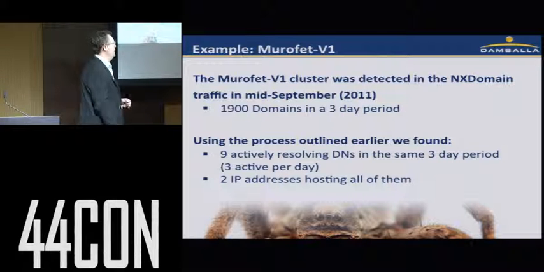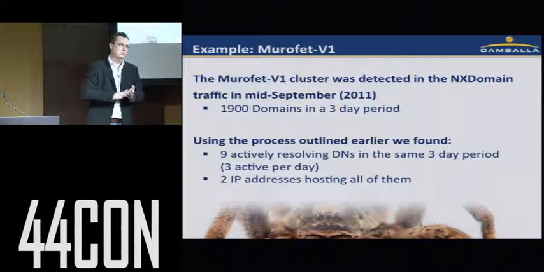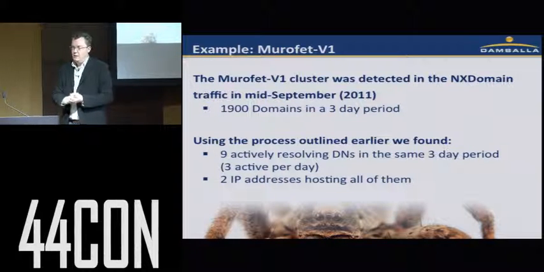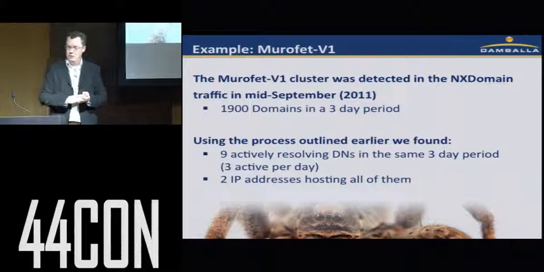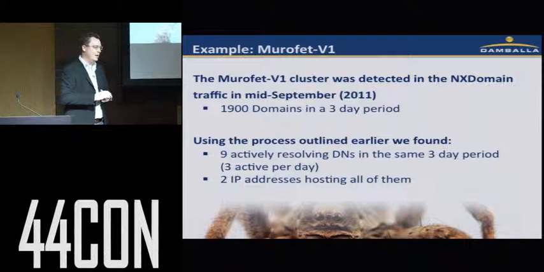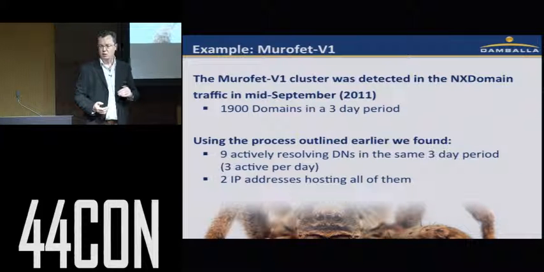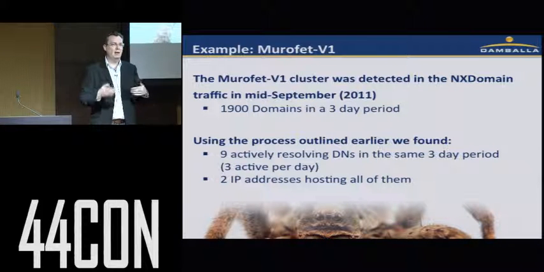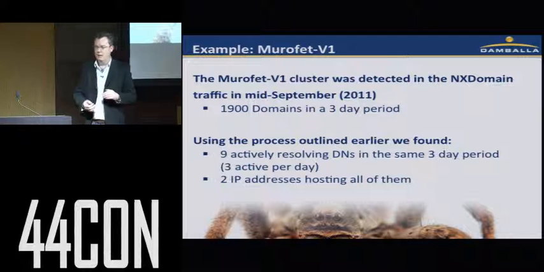Malware v1. Malware has been known for 3 years, I guess, 2.5 years. Well, I was looking at one particular network. Using this particular technique, we saw a number of devices that were infected. These clusters generated about 1,900 NX domain names all clustered together over 3 days.